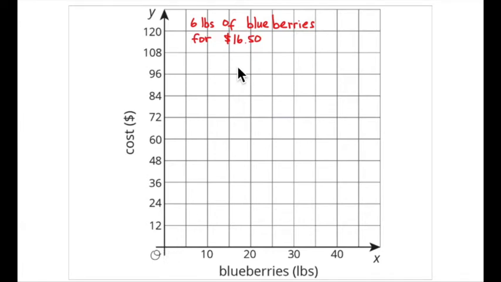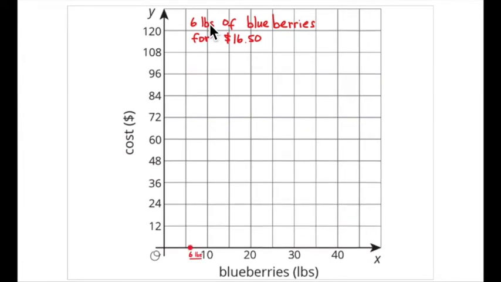And you also know that if you buy 6 pounds of blueberries, which is about right here, that's going to cost you $16.50, which is about right here. Now, they're not doing you any favors by the numbers they're choosing to label the graph and the numbers they're choosing to give you as an example of dollars per pound.